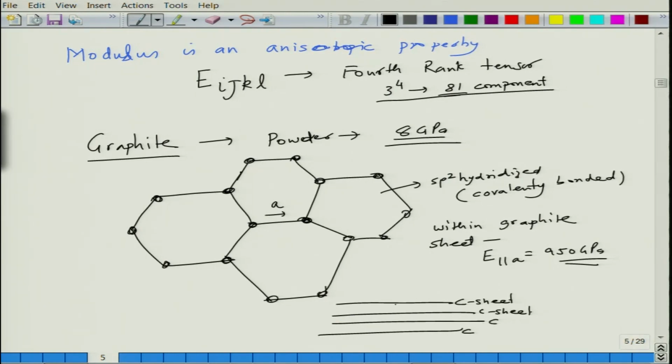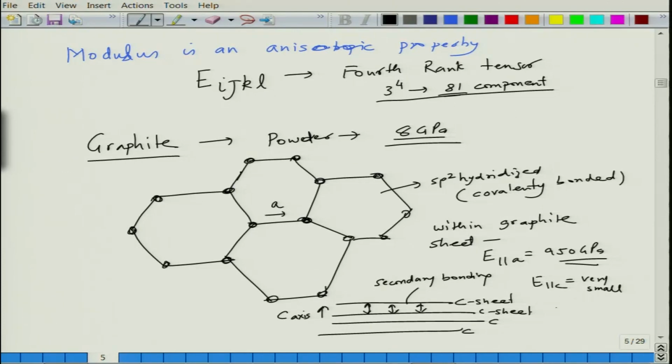Between them we have what we call secondary bonding, and this leads to E parallel to C. If this is the C axis, then E parallel to C is very small.